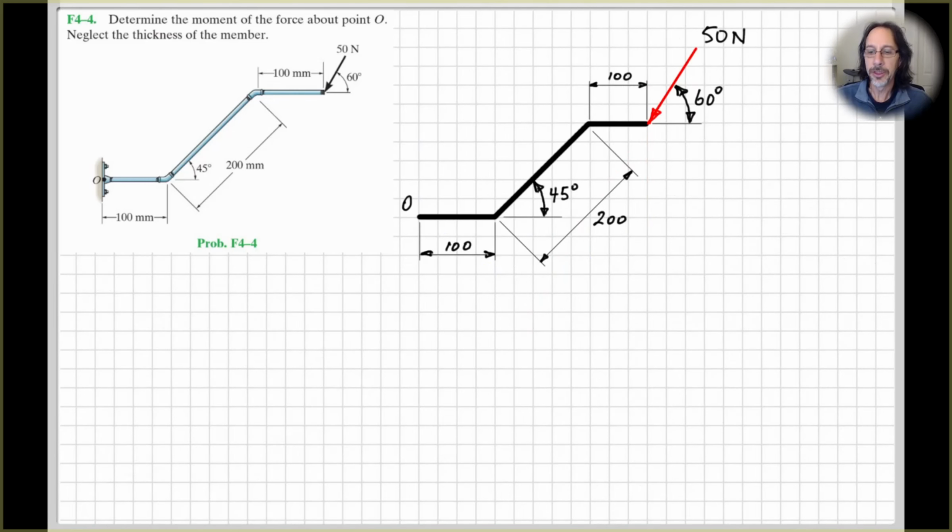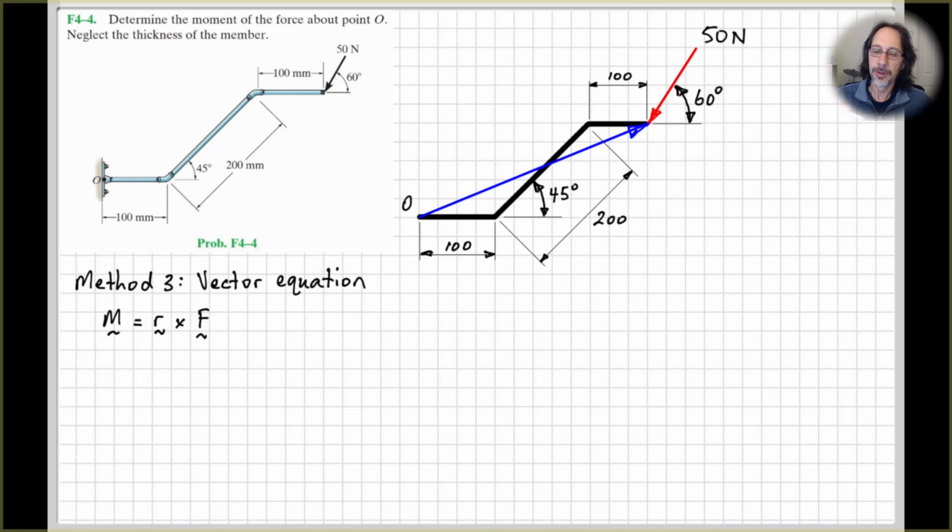The method I'm going to use here is the vector method, so using the vector equation for moments, and hopefully you remember that that's r cross F. So r is our position vector and F is our force vector. So we need to indicate what they are. The position vector, or the distance vector, is from the point that we're taking moments about to somewhere on the line of action of the force.